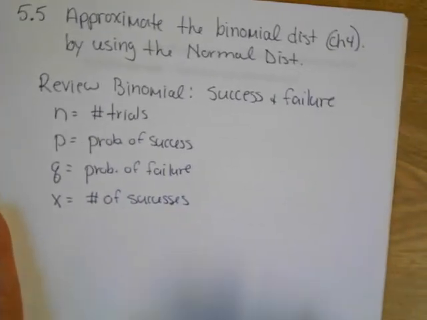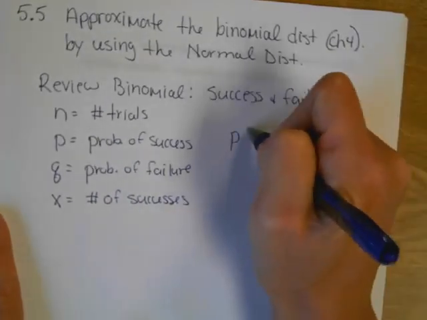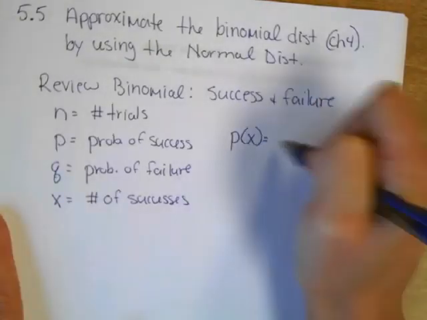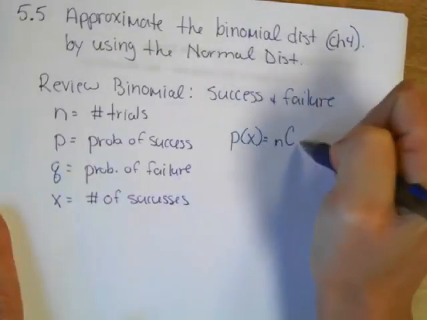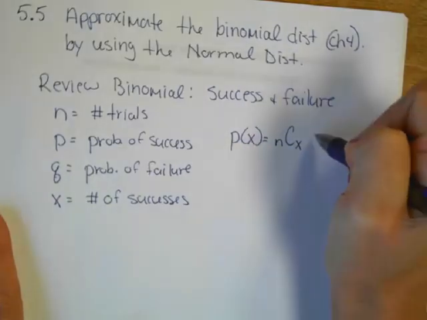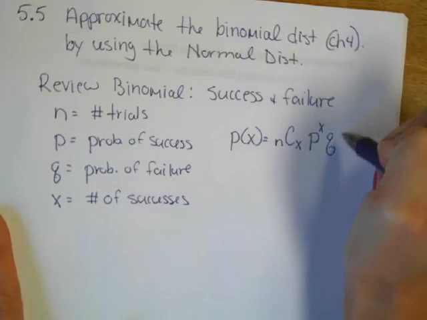Our formula to get the probability of x successes was the ugly one: nCx multiplied by p raised to the x multiplied by q raised to the n minus x.